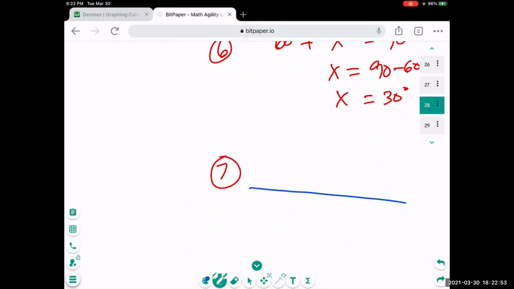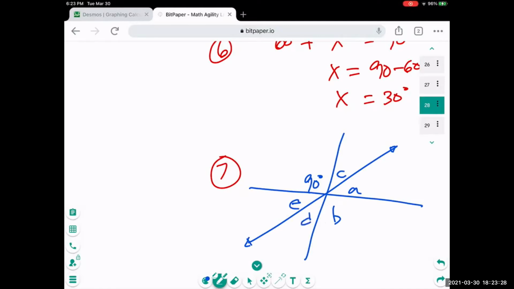So you have 90 degrees here, and this is B. And then there is another line here. This is C and this is A. And then this is E and this is D. Okay, so let's answer number 7.